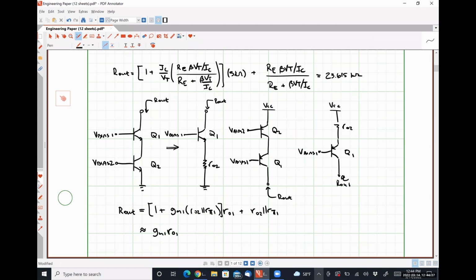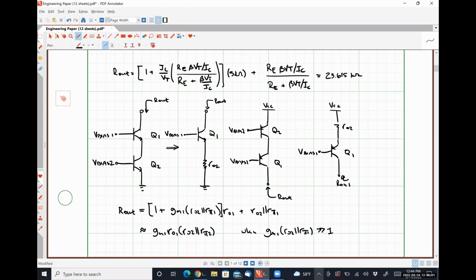which is approximately GM1 R01 times R02 in parallel with R pi 2 when GM1 times R02 in parallel with R pi 1 is much greater than 1.